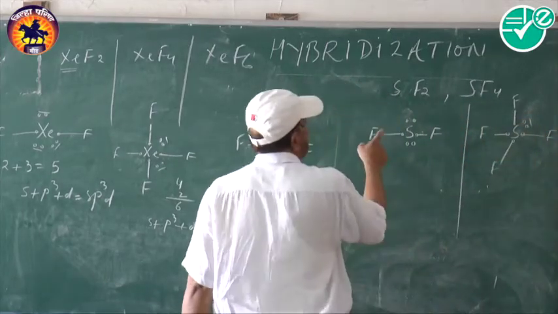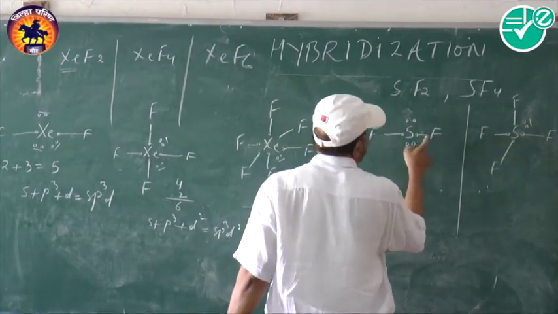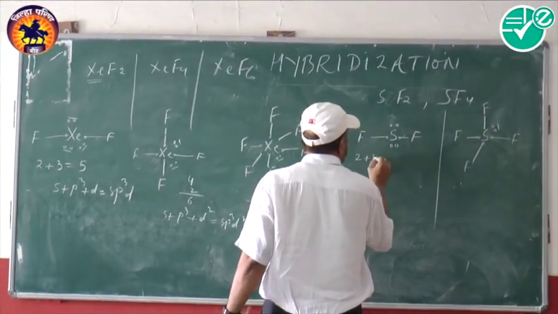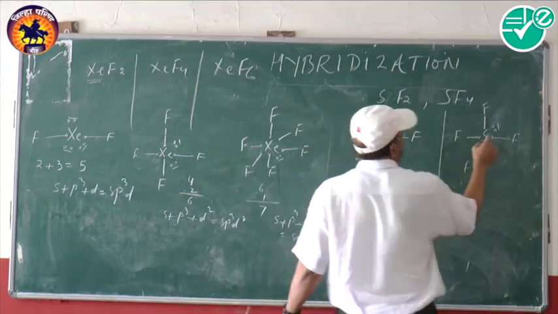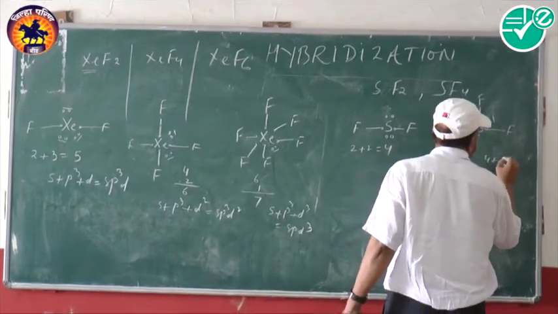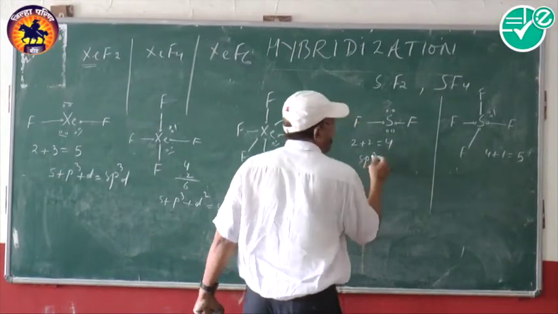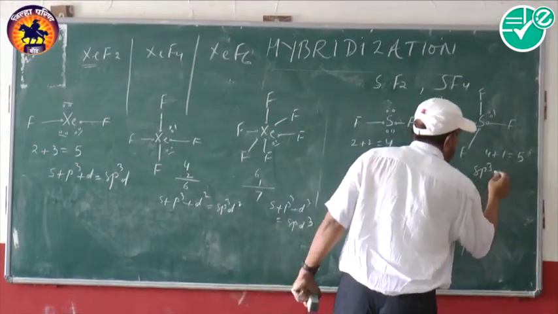Okay, there is 1 sigma, 2 sigma and 2 lone pair. The 2 plus 2 is equal to 4. Here 4 plus 1 is equal to 5. Hence it is sp3 and it is sp3d.